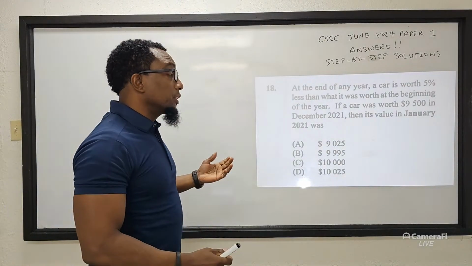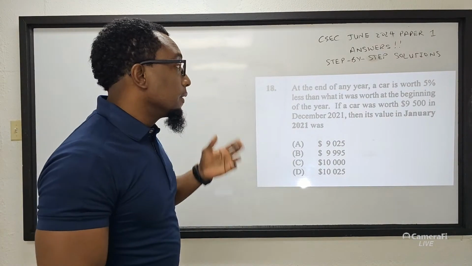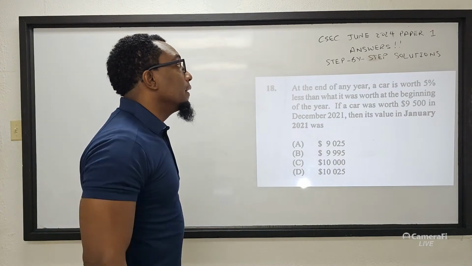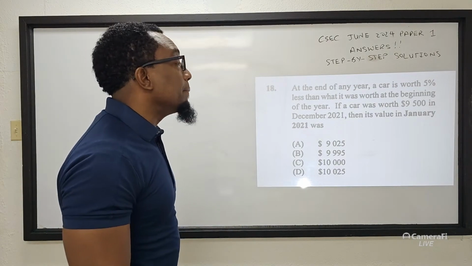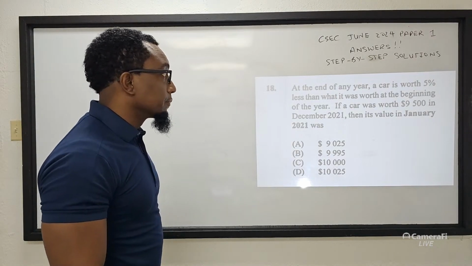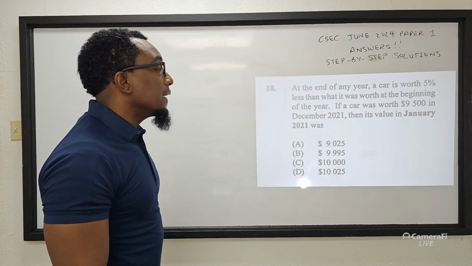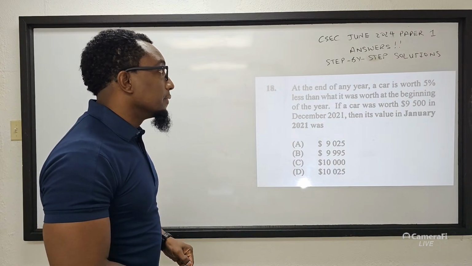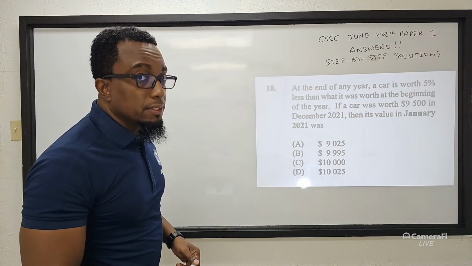Right, so another question I would have done before in the review exercise before the exam. At the end of the year, a car is worth 5% less than what it was worth at the beginning of the year. A car was worth $9,500 in December 2021. Then its value in January 2021 is.